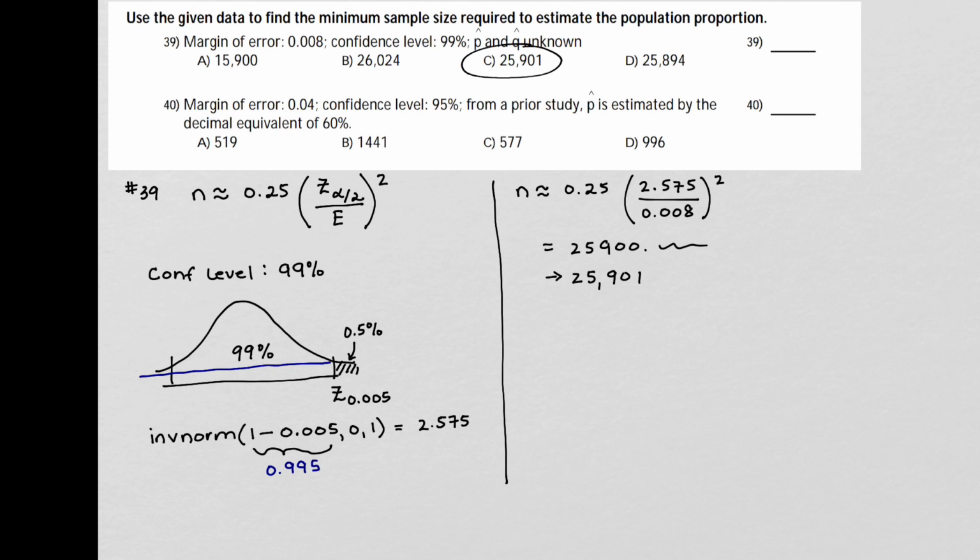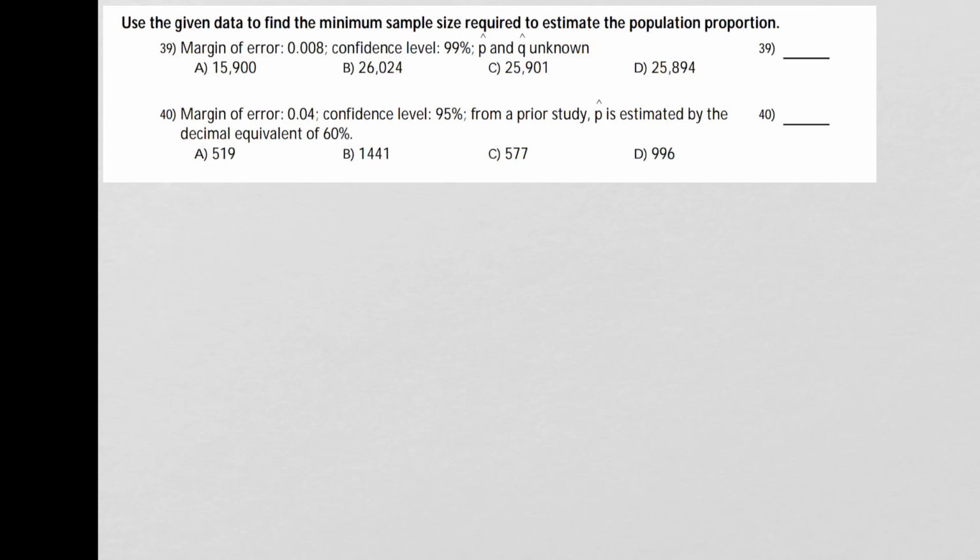Now in 40, here we have p hat is estimated by the decimal equivalent of 60%. We're going to go to the next page to do this one. Okay, in this problem, we're given the margin of error, confidence level, and we have an estimate of p hat. So I'm going to again start with my confidence level, and that is 95%.